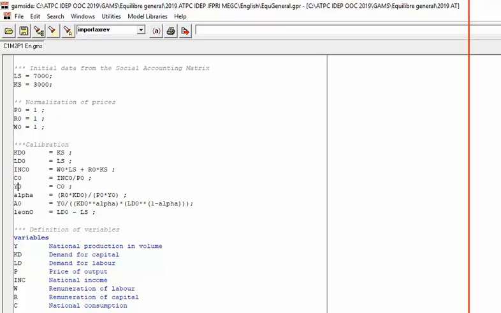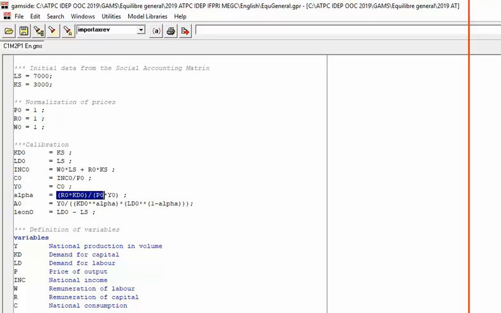Then you can calibrate Y0 is equal to C0 because in the model you have the equation Y is equal to C. It's the market equilibrium for goods. And then you can calibrate alpha because you have in the model the demand for capital, which is R times KD is equal to alpha times P times Y. So you can calibrate alpha.